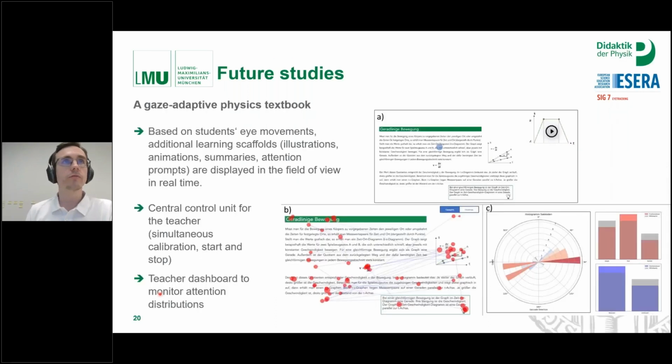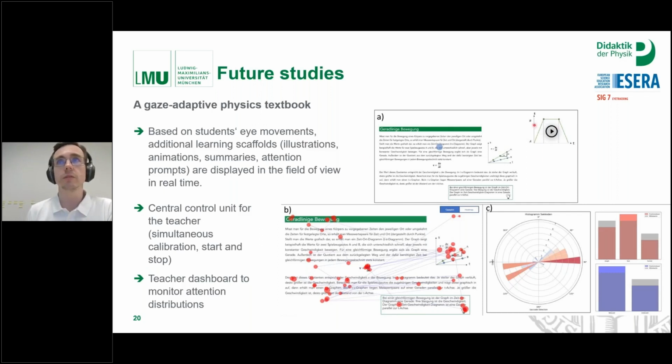Just one word about future studies. Sorry, I'm a little bit over time, but you can see here that we're doing this in a little bit of an adaptive environment, where we use a physics textbook, and where the content adapts to the gaze of the student.